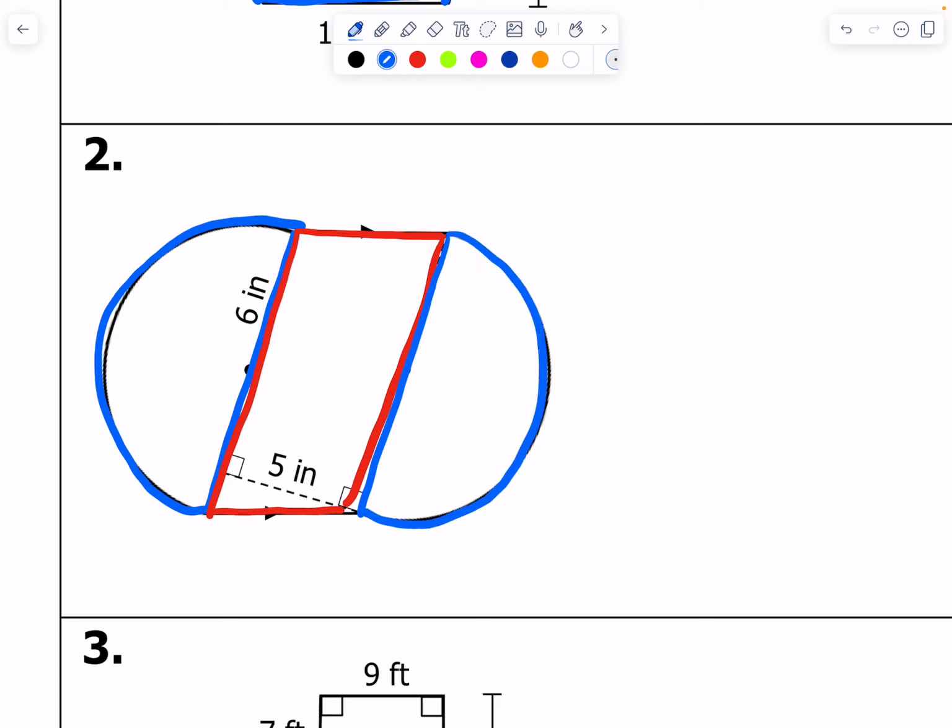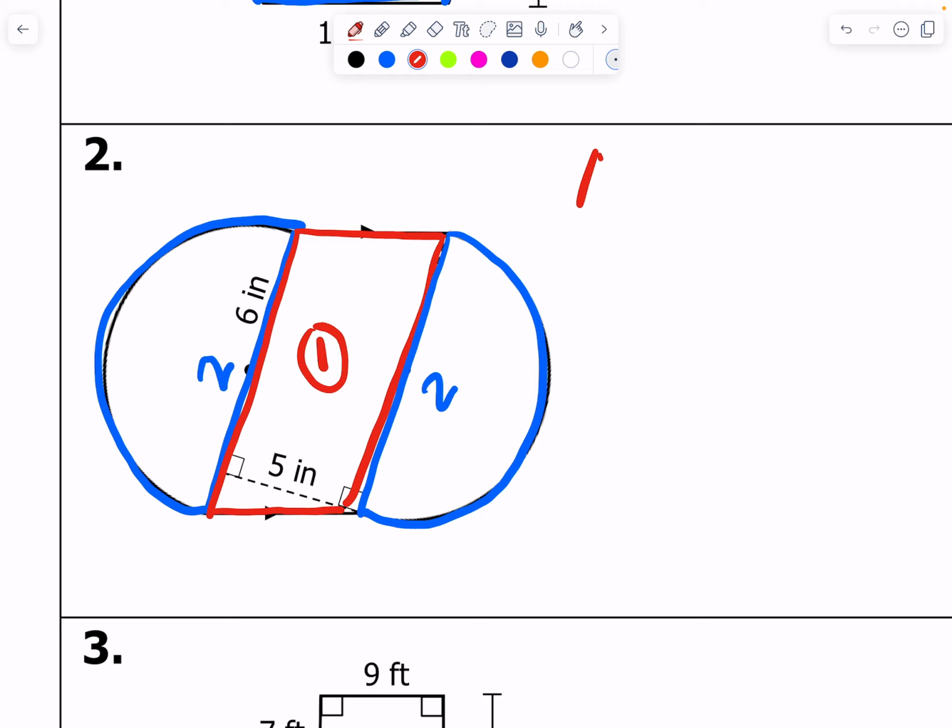So instead of doing 3 figures, which could work, to make it easier on myself, I'm just going to do it as 2 shapes. The first shape is the red shape, so let's call this 1. And then the second shape will be the 1 circle. So this is shape 2, and this is still shape 2, right? Even though they're both half circles, 2 half circles equal 1 regular circle. So I'll just use that instead.